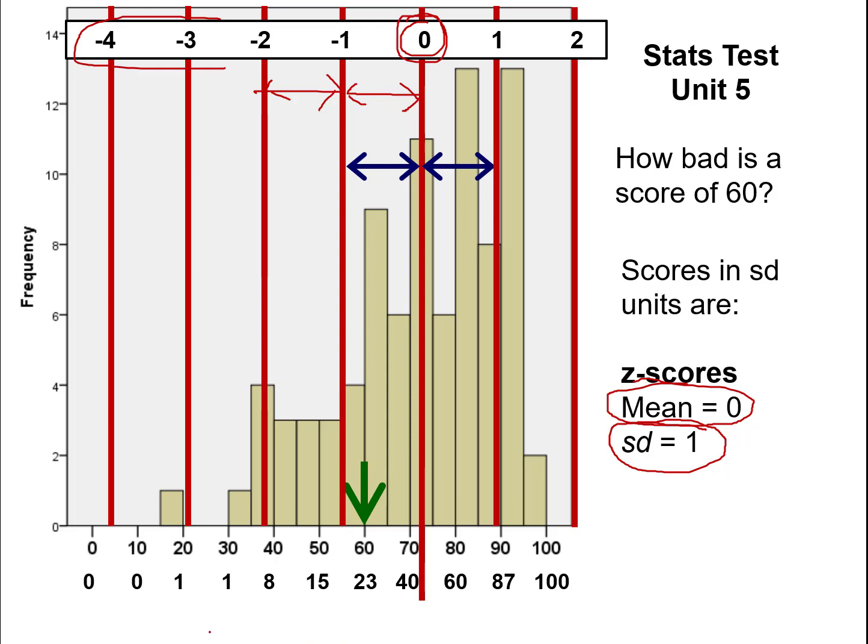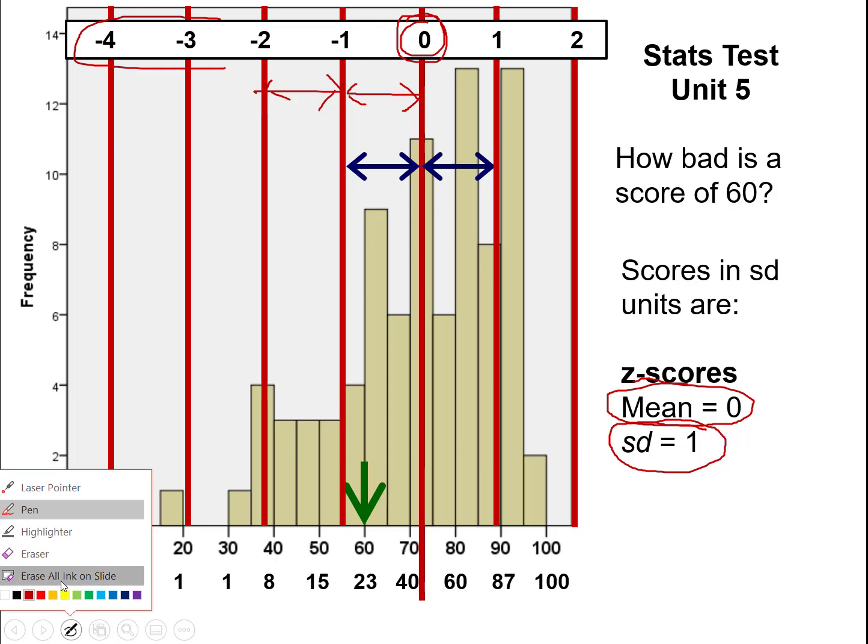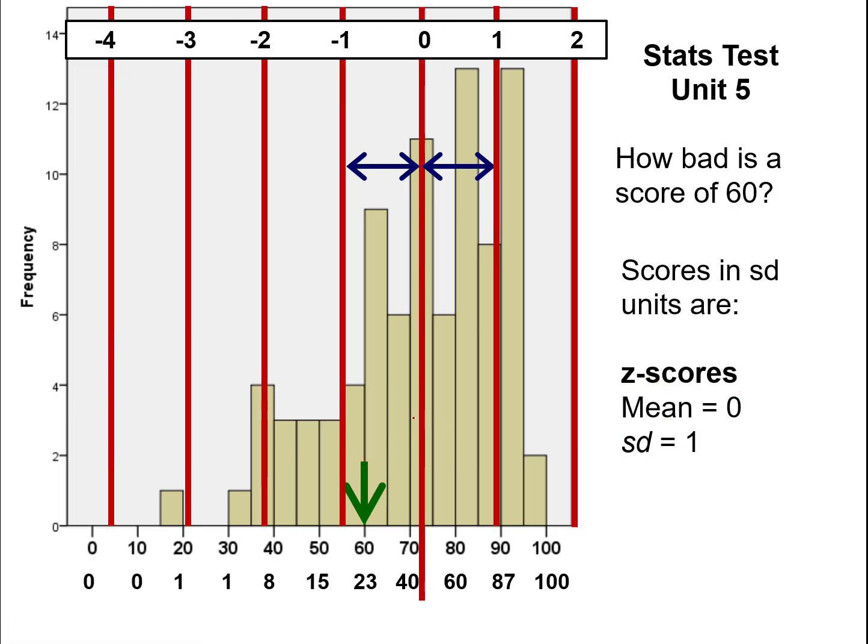So we can say a z-score is if I use a scaling system that has a mean of 0 and a standard deviation of 1. And if I take people's raw scores and convert them to a new scaling system that has a mean of 0 and a standard deviation of 1, I can say I have transformed their raw scores into z-scores.